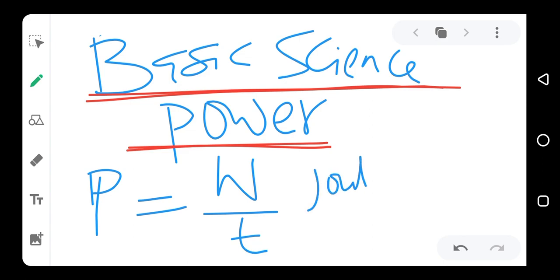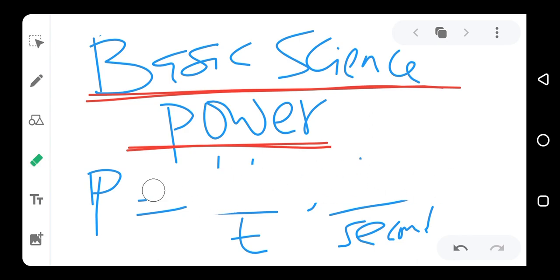So it is joules, then joules over time, which is measured in seconds. So it is joules per second. If you have something over something, we say that it is that thing per. So joules per. The division becomes per. So joules per second. That is the unit of power.